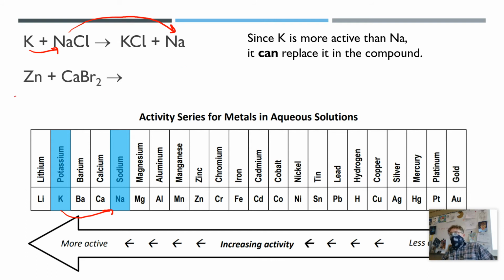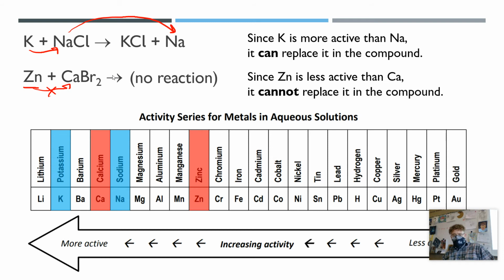For example, zinc is trying to displace calcium. We find them both in the chart. There's zinc and there's calcium. But calcium is to the left of zinc, which means it's stronger. So zinc tries to kick out calcium, but it can't. Therefore, we have no reaction. So what does this look like in a lab sense?